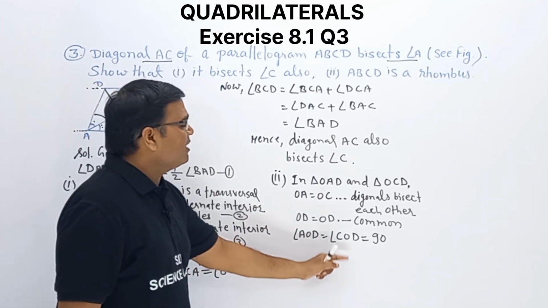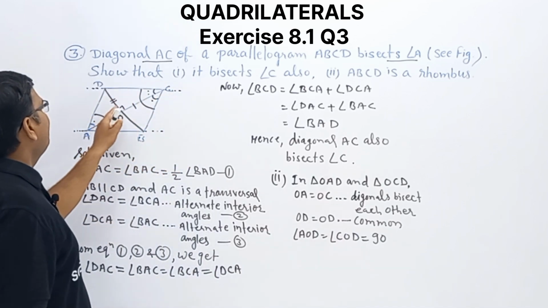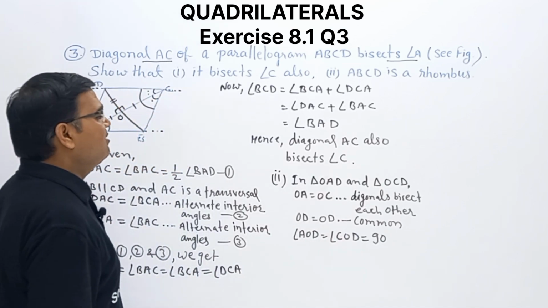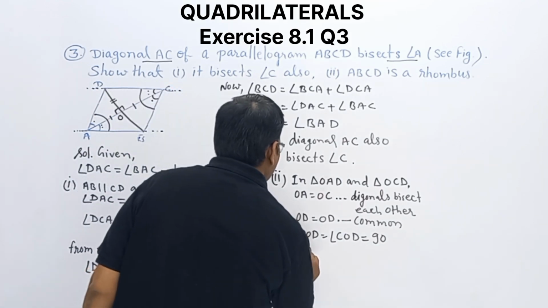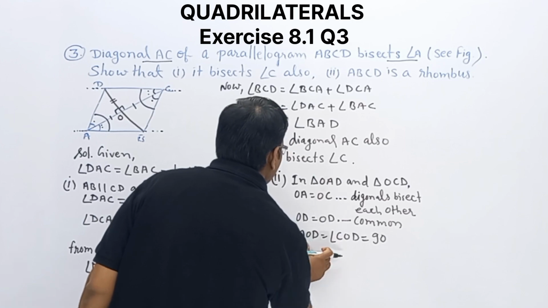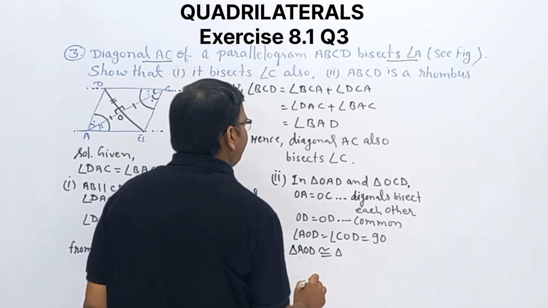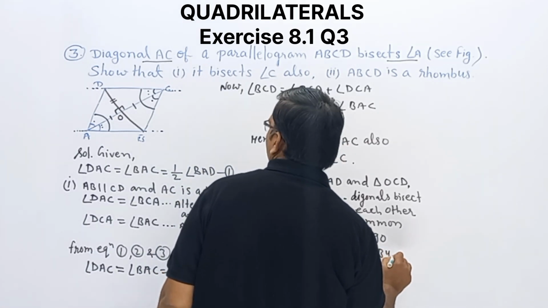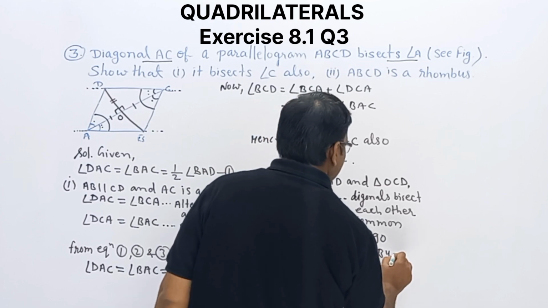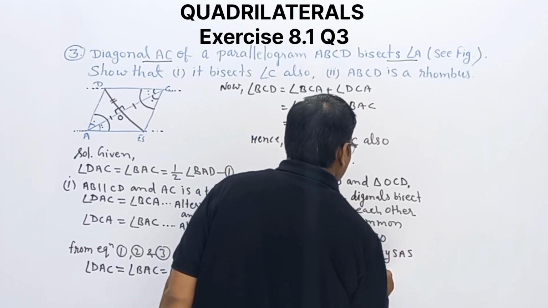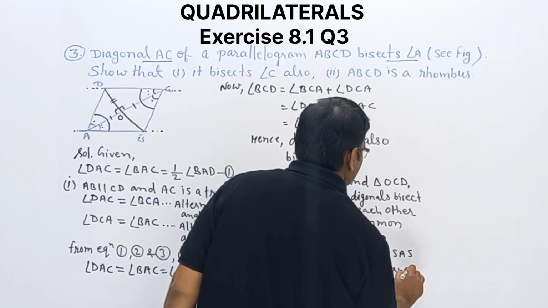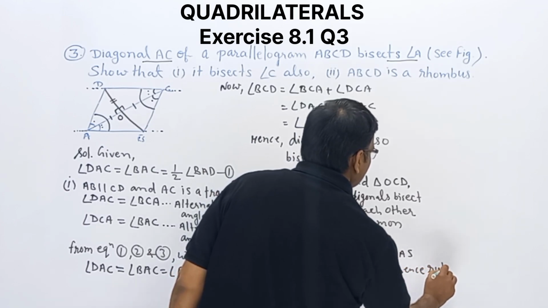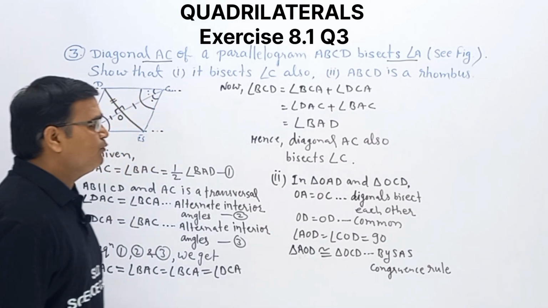Angle AOD equals angle COD. This angle will be 90 degrees. So finally we can say triangle AOD is congruent to triangle OCD by which congruence rule? Side angle side congruence rule. By the side angle side congruence rule, we proved this one.